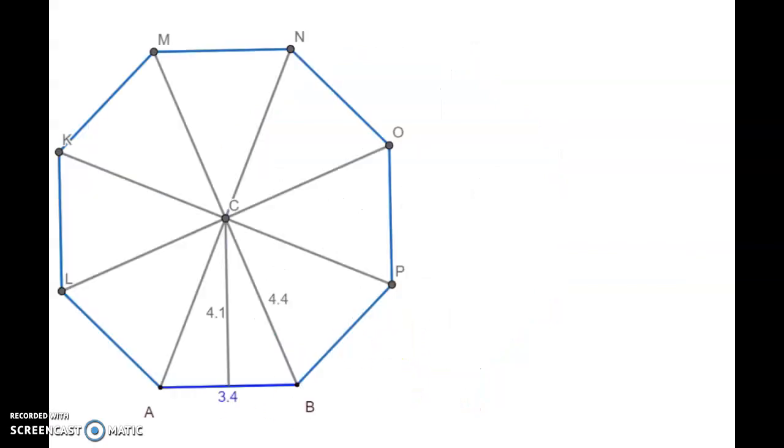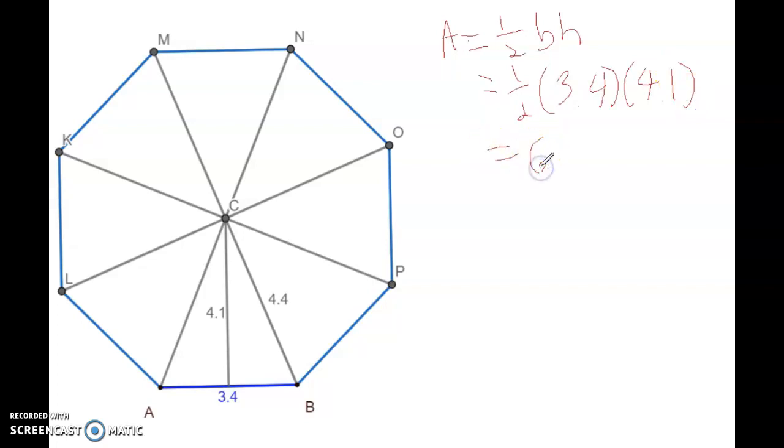So the area of that little triangle, 1/2 base times height, which would be 1/2 of 3.4 times 4.1, which equals 6.97. So that's the area of the triangle. That's this area right here.